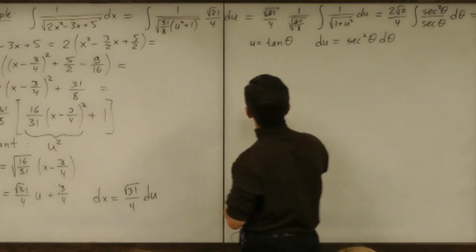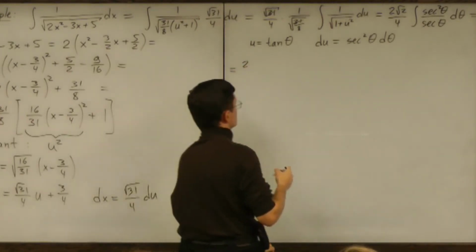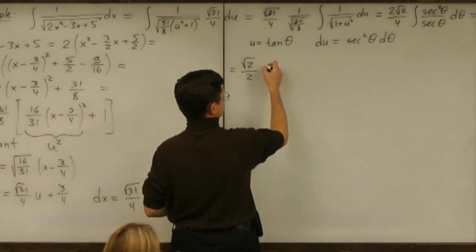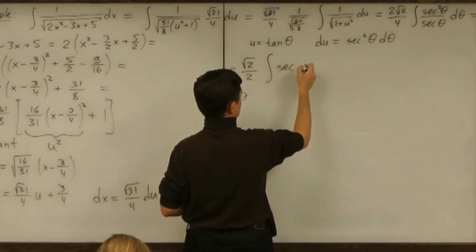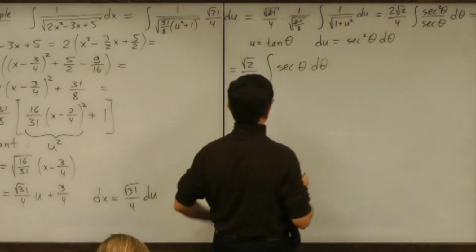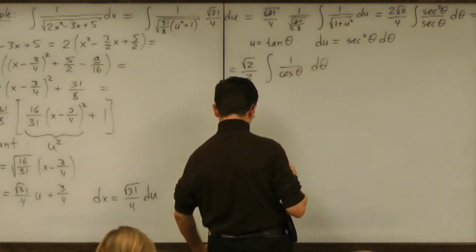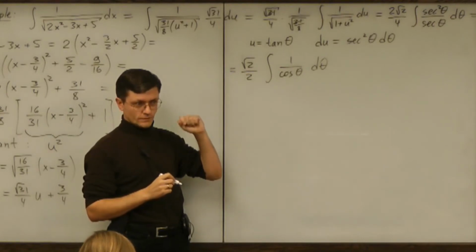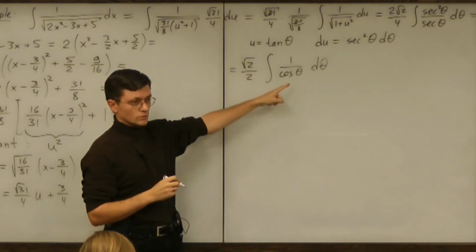And 1 secant cancels, and 2 cancels, so I have square root of 2 over 2 integral of secant theta d theta. And I personally like cosine more. And now I'm doing the standard thing about trigonometric integral. Right? So what do we see here?